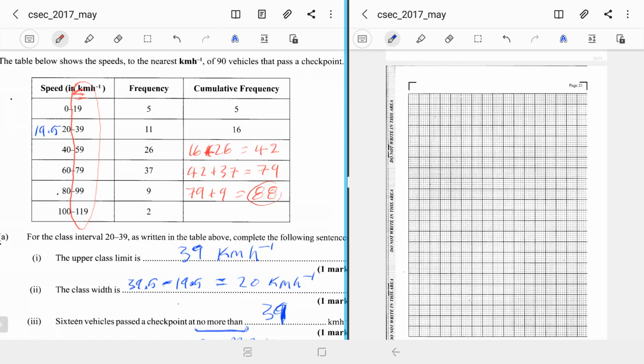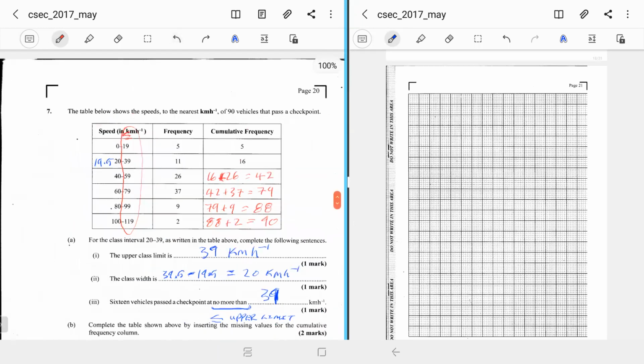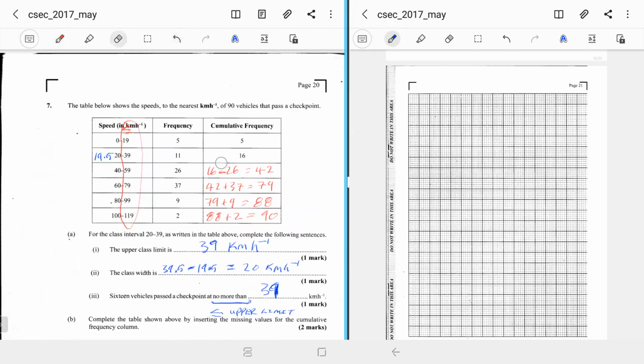And then the 88 plus the last 2 cars, gives me the 90. 90 cars. So 90 cars at speeds that were less than or equal to 190 kilometers per hour. That's a completed table there, guys. Are you good? Are you okay with that? Yes, sir. All right.